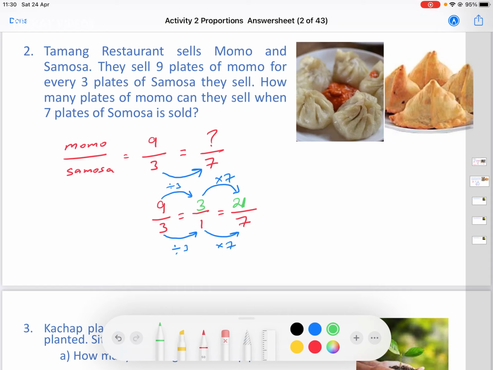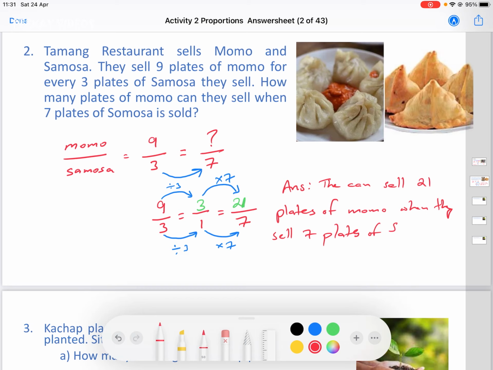Therefore, for 7 plates of samosa they will be selling 21 plates of momo. Answer: How many plates of momo can they sell when 7 plates of samosa is sold? They can sell 21 plates of momo when they sell 7 plates of samosa.